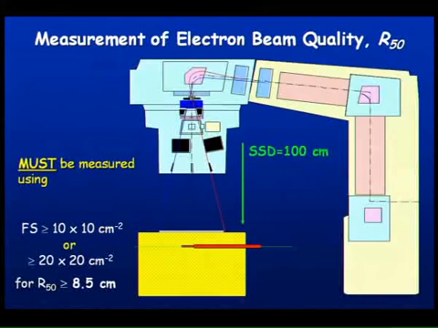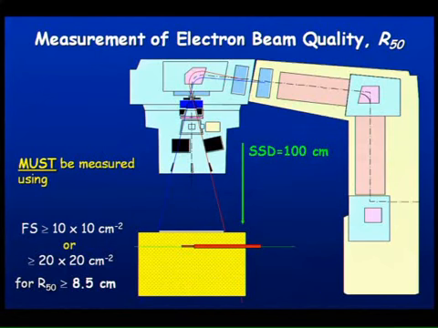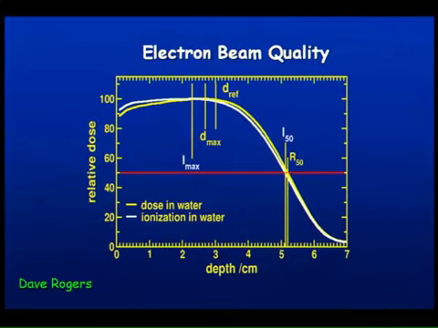It must also be measured under reference conditions: 100 SSD, field size 10 by 10, or 20 by 20 if the beam energy is greater than 20 MeV, or R50 greater than 8.5 centimeters. You get a gradient corrected depth ionization curve. You go to the level of 50% and get a value of I50. The protocol gives you equations to calculate R50 from I50.